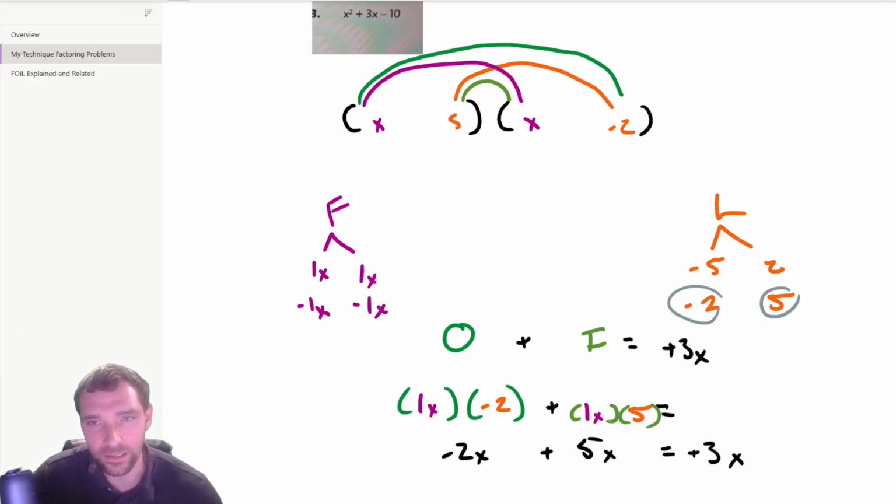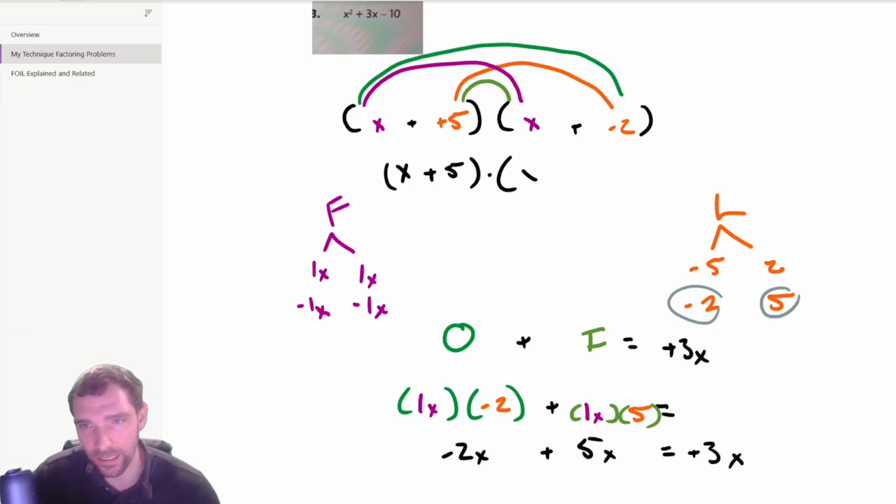So we've got like a +5. So we can think of this as these two things being added up like that, or this could be written out as x plus 5 in parentheses times x minus 2 in parentheses.